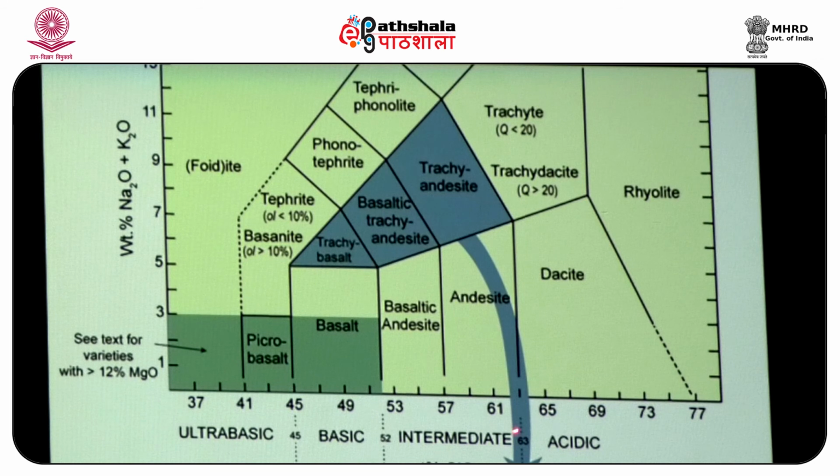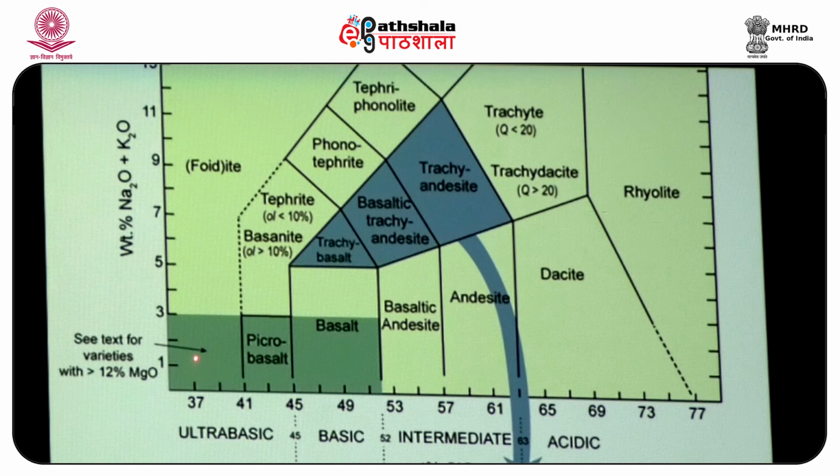These are intermediate rocks where you have silica, SiO2, from 52 to 63%, like what we have seen in the case of mineralogy, it was diorite and granodiorite. And then we have acidic rocks, which is 63% onwards. More than 63% is called acidic rocks, which are also called granitic rocks when the minerals are present.